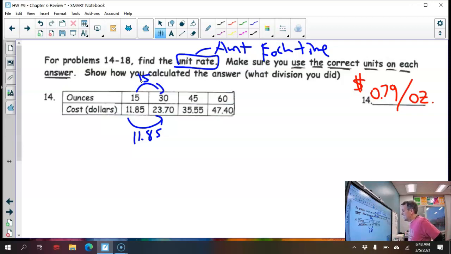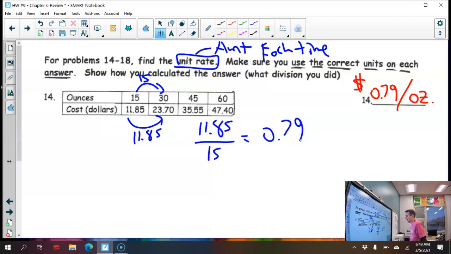So 1185 for 15 x's would be how much for each x? And you always get this by dividing. 1185 divided by 15. When you divide that, you get 0.79.